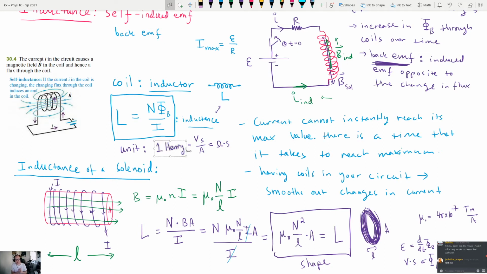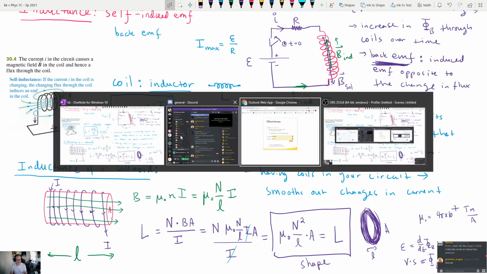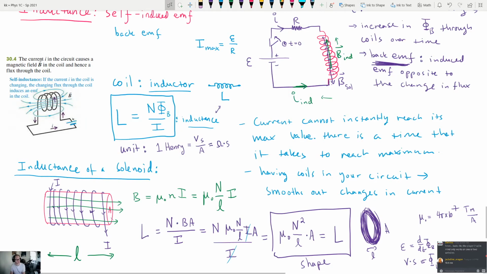But I think that now is a really good time to go to a circuit and look at what these things actually physically do in a circuit. Because what we're going to find is that they basically make circuits really sluggish to change, and that means that they act like inertia, in a very real way. They prevent you from trying to change the current.